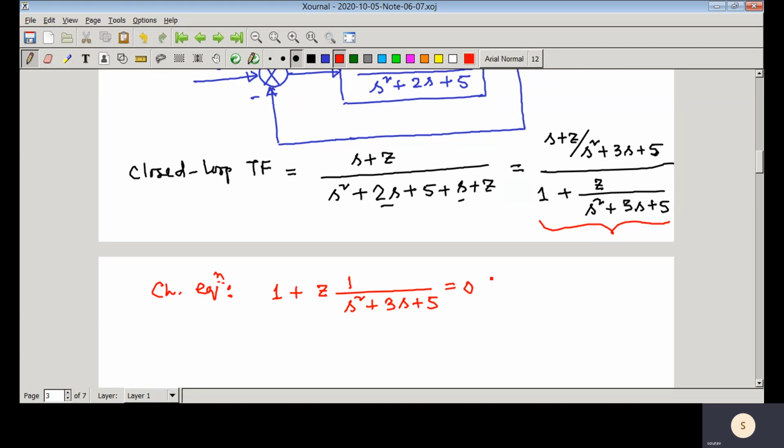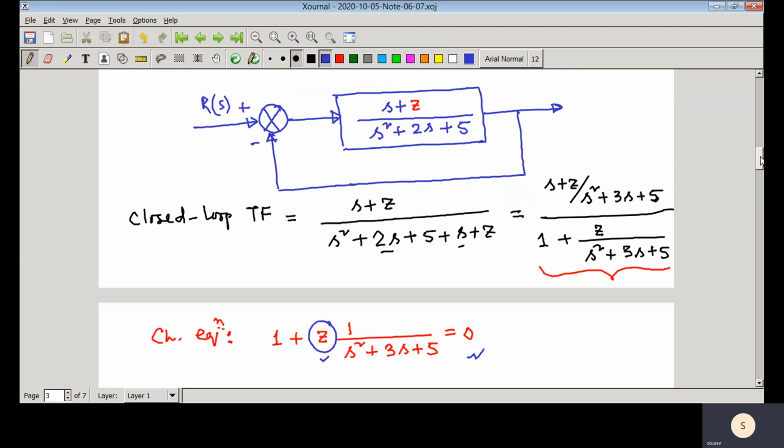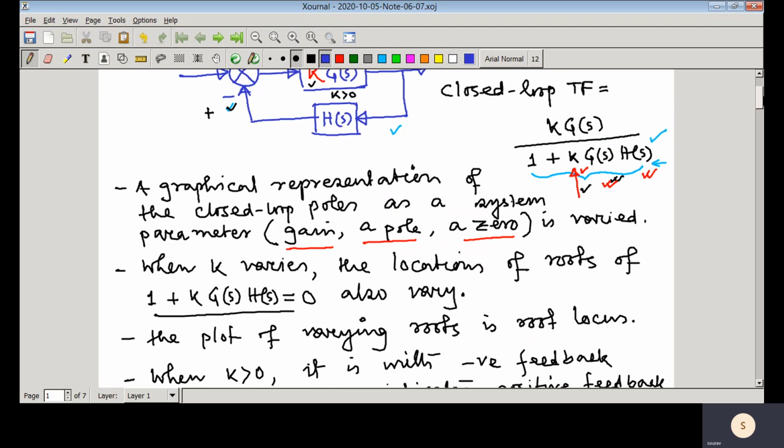And here the problem is that this z is varying. Then we are interested in seeing the locations of the closed loop poles when z is varying. Interestingly, we can see that this particular structure and the root locus structure we have discussed are in the same framework.